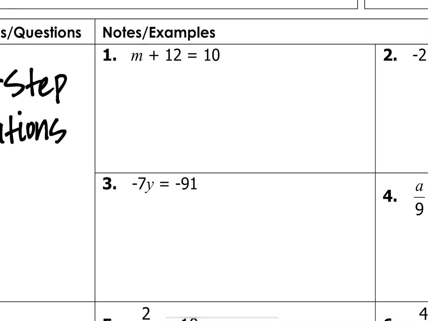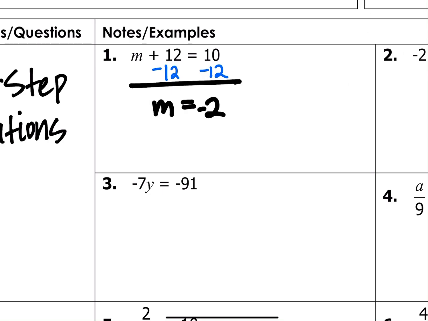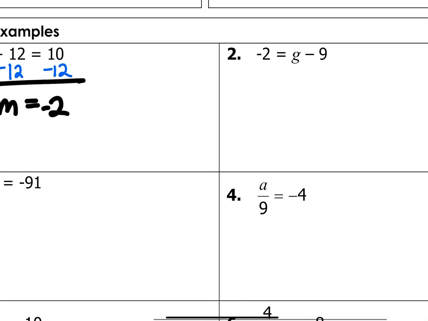To make it become zero, I subtract 12. I'm going to do that from each side. And I get m equals negative 2. And that's my answer. Number two, I need to get the constant that is with the variable.